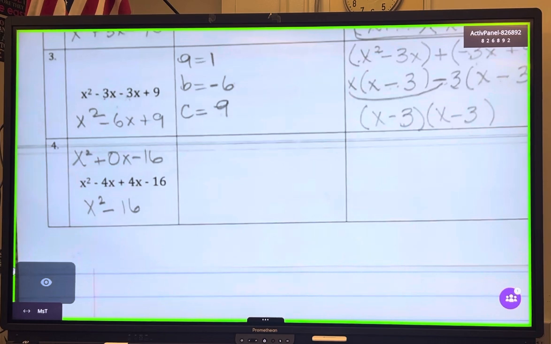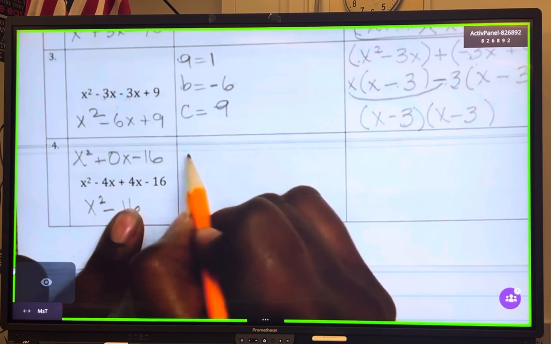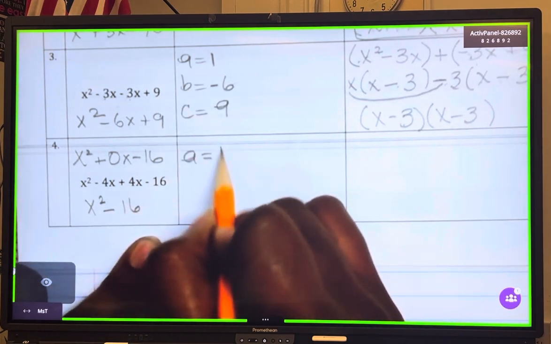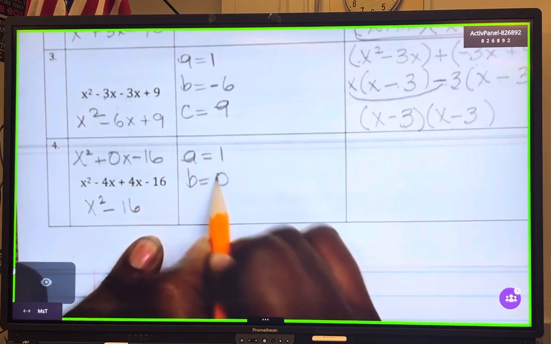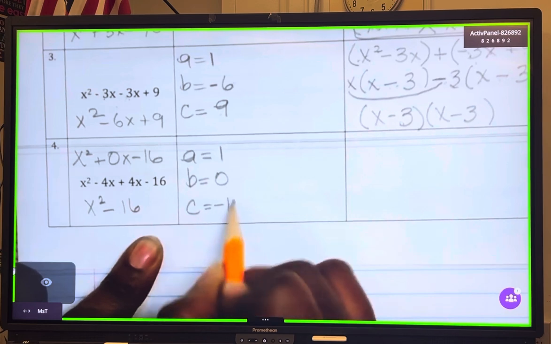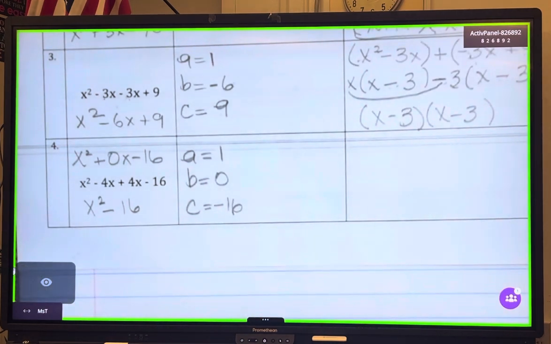Now, let's just play with this for a minute. What's my A? 1. What's my B? 0. What's my C? Negative 16. Is it negative 16? Yes. Here's my question.